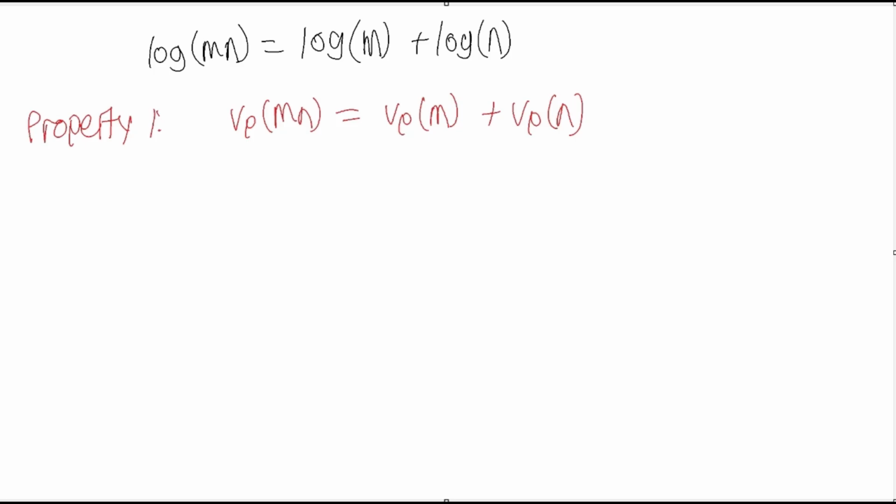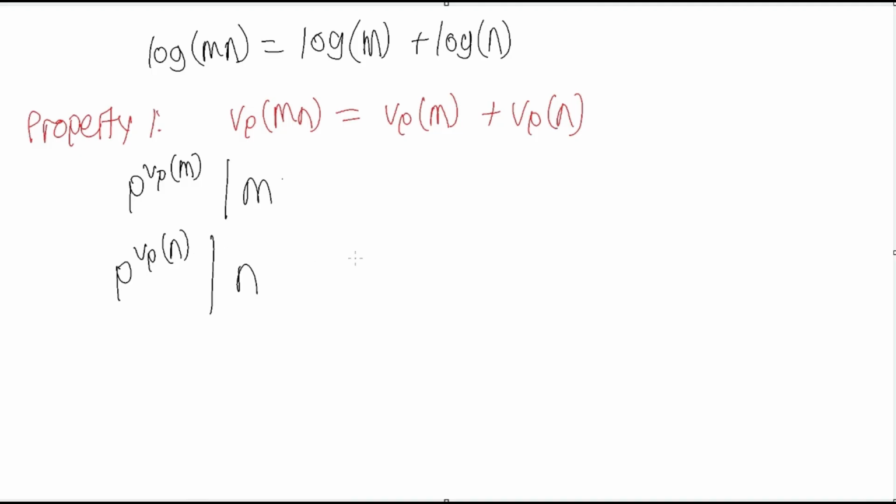Well, suppose that p to the nu p of m is the highest prime power dividing m. So this is basically the exponent of p in the prime factorization of m. Likewise, nu p of n is the highest power of p dividing n. It is the exponent of p in here.